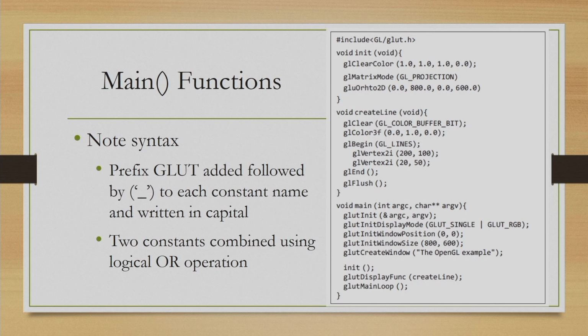Now, here we should look at the syntax, how this glutInitDisplayMode function is used. In the constant name which provides the options, we have used GLUT as a prefix, all caps, followed by an underline symbol and then the constant name, again all caps as shown here or here.